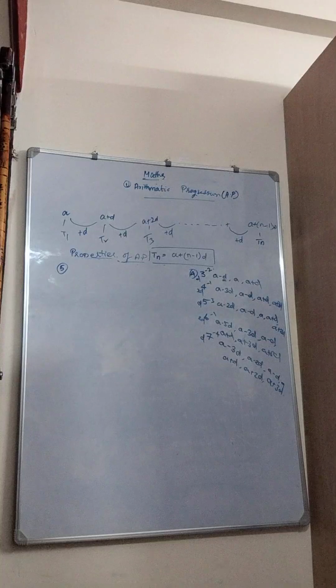If in an AP, an is equal to (an minus k plus an plus k) by 2, for k less than n.